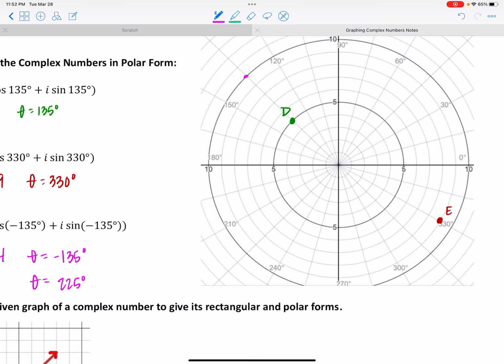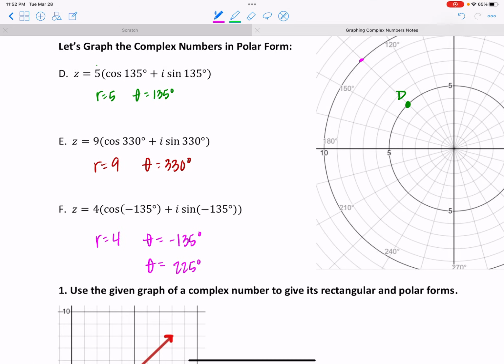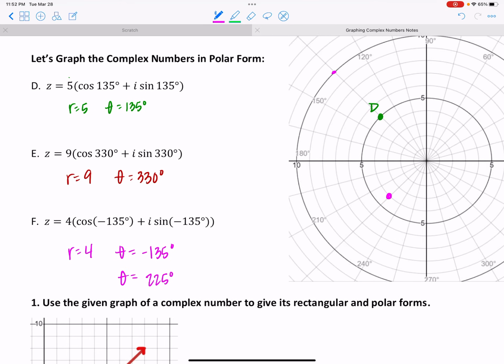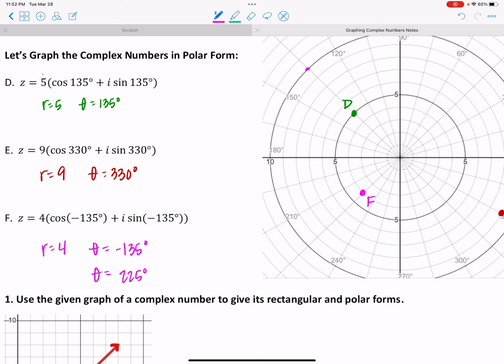So 225 here, radius of 4 here, and that would be the location for F. If I was to ask you to graph that complex number in its polar form, that is what the graph looks like. It is that point which has that specific radius on that specific angle.